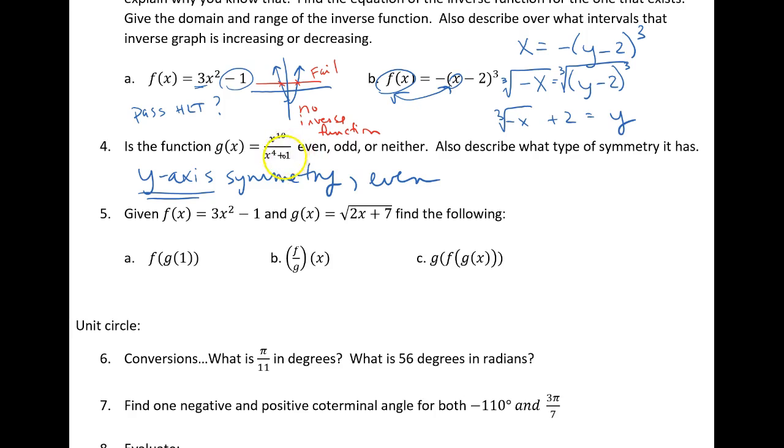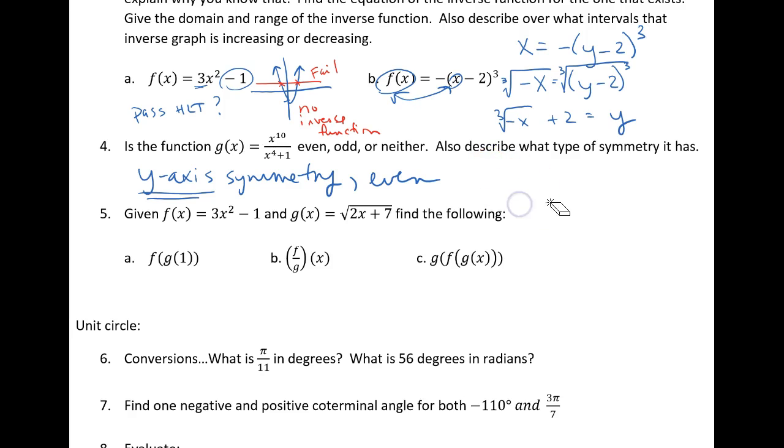Even the one at the back has an even exponent because behind that one, guys, there's an invisible x to the 0, okay? And so 10, 4, and 0, we're going to call those even numbers, and so it's an even function, okay?